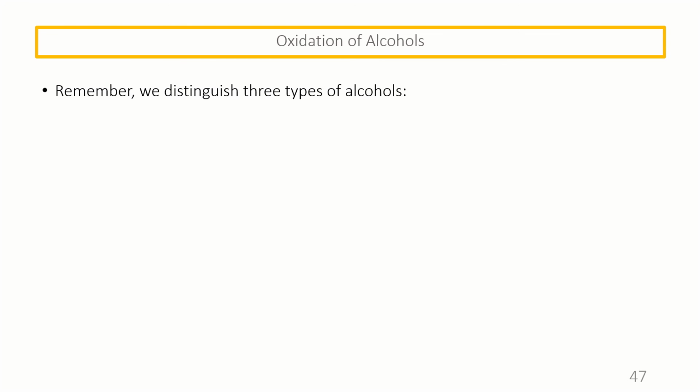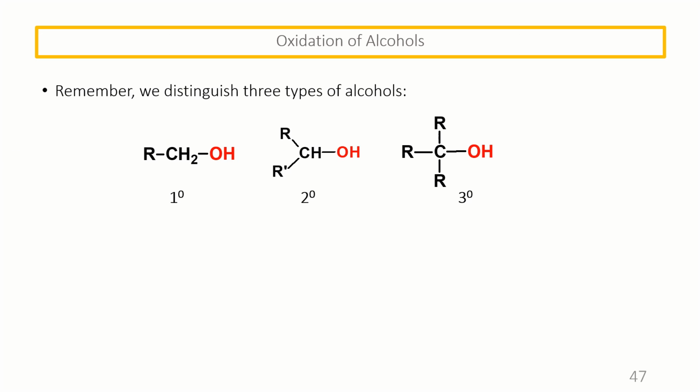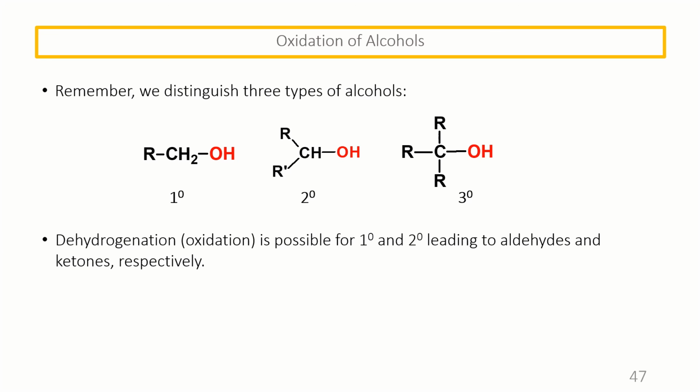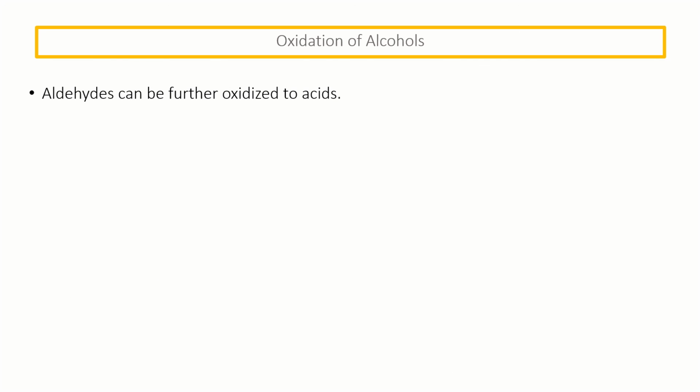Note, we've got to distinguish again between a primary, secondary, and tertiary alcohol, and realize that oxidation is only possible for primary and secondary alcohols, respectively, to form aldehydes and ketones. And further oxidation can occur with aldehydes to form acids.